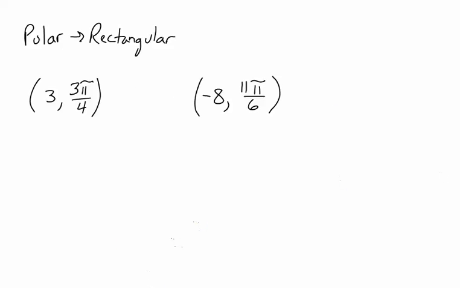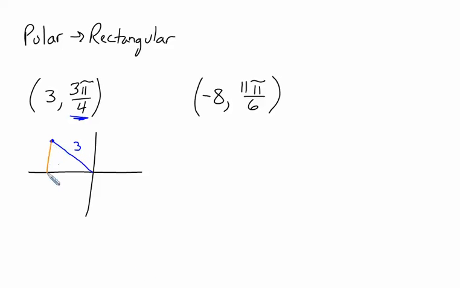Let's move on to looking how to convert from polar into rectangular. So for this point on the left, we would be drawing in an angle at 3 pi over 4, and this is telling us we go 3 in that direction.